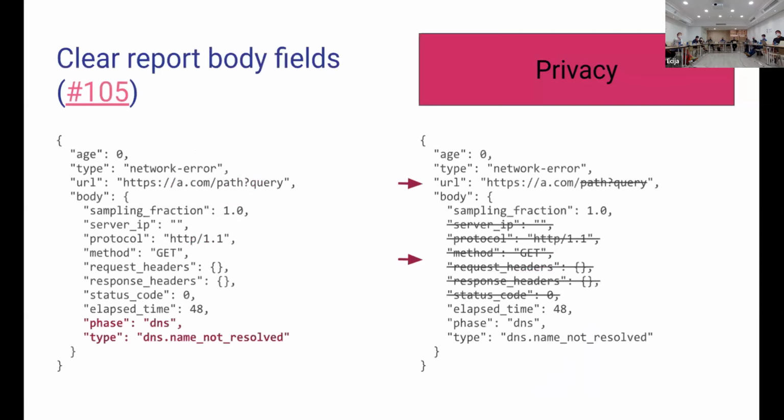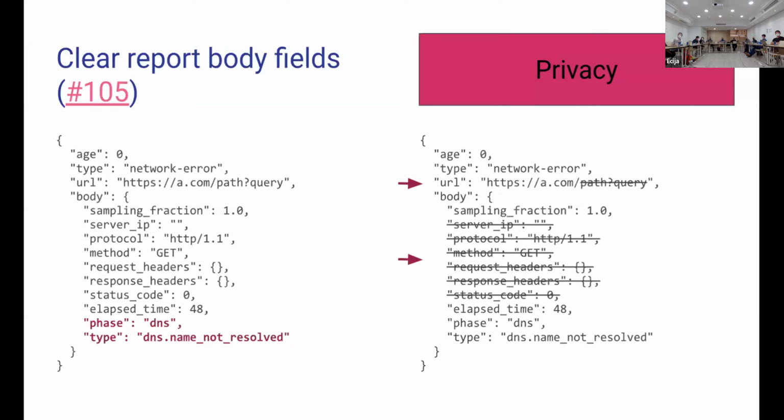So clearing report body fields, this is probably a good idea. So there's 3 things, or maybe 2 things in this issue. This is an example of a DNS error. On the left is what we currently send. You can see that at the bottom is the phase, DNS. But we're including things like the URL path and query, request headers, response headers.